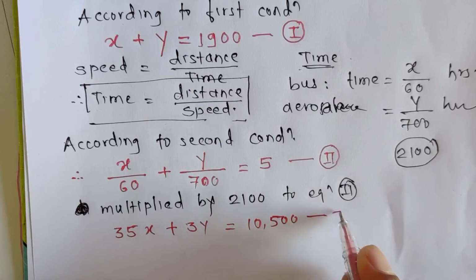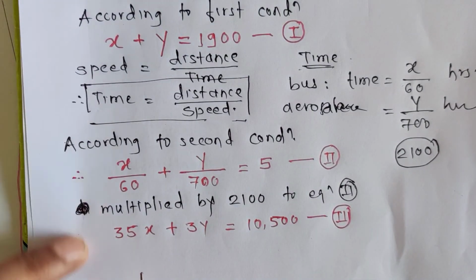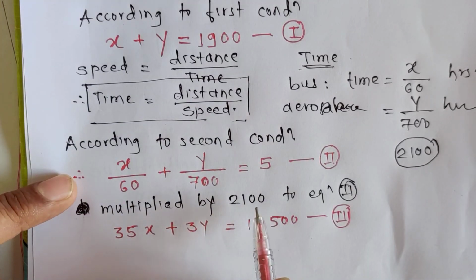So this is our equation 3. So take care while multiplying by 2100, this is the calculation.